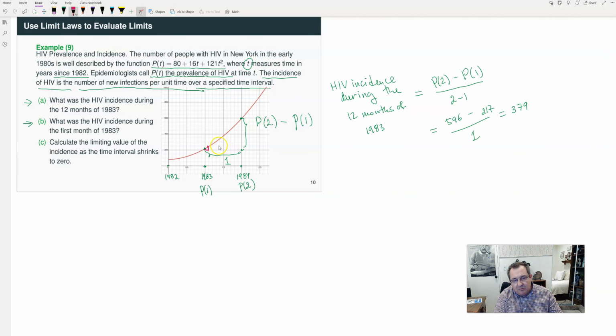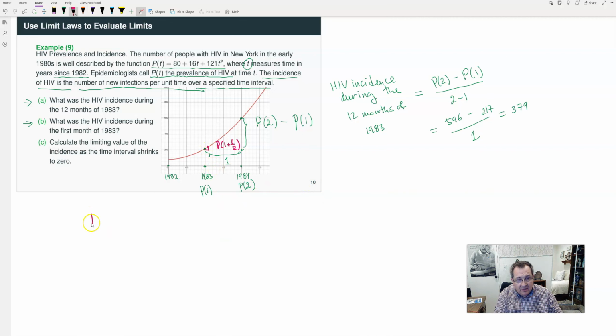So what will be the value of the prevalence? The prevalence will be P of 1 plus 1/12. I could, of course, combine it into 13/12 or even give you nonterminating decimals, but I would like to highlight how it is obtained. We're starting with the point at 1, the value of the time 1, and we move 1 month, which is 1/12. So 1 plus 1/12 would be 1 month later.